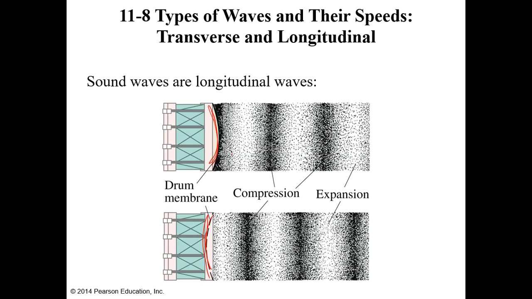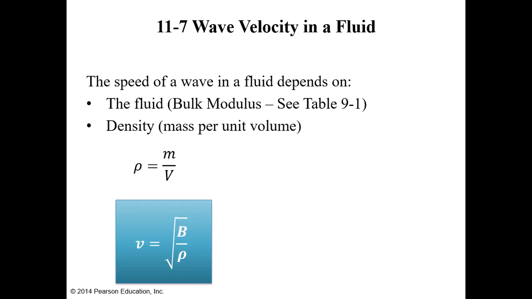Now, how do you calculate the speed of a longitudinal wave? Well, the speed of a longitudinal wave depends on the fluid. And to determine one fluid from another, we're going to use something called the bulk modulus. Perhaps you remember this when we talked about static equilibrium. In your textbook, you can find values for the bulk modulus in Chapter 9.